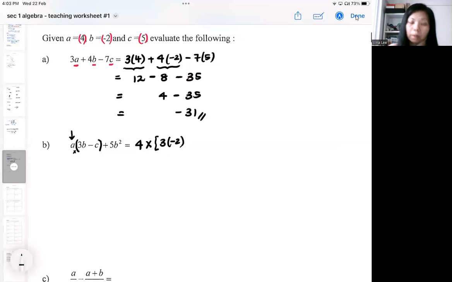It will be 3 times -2. Then I will do a -5, and plus 5B squared. B squared means B times B. So -2 times -2.